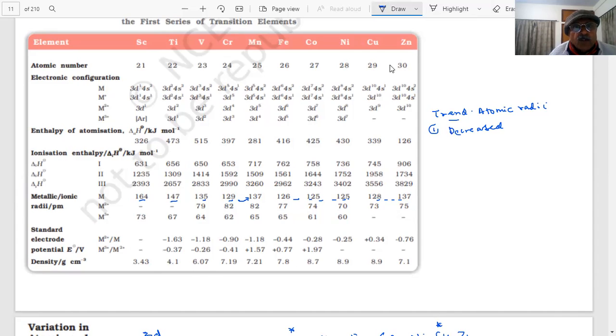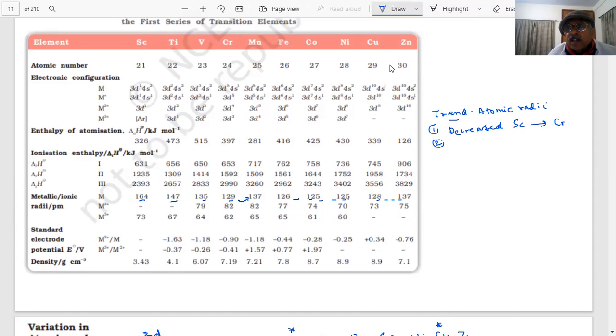Decreased: 164, 147, 135, 139 till the middle, from scandium to chromium.